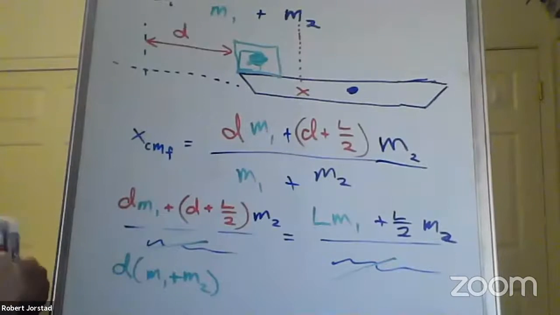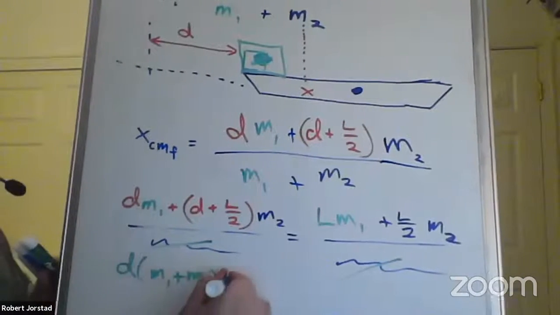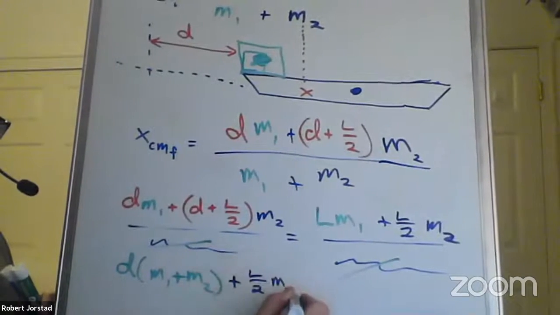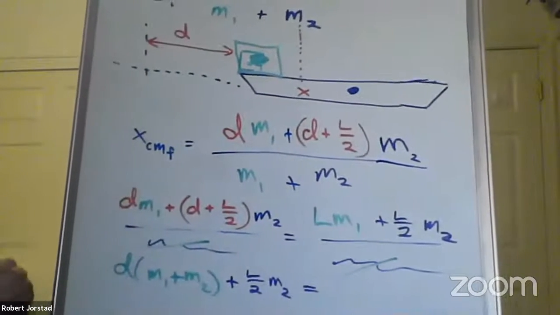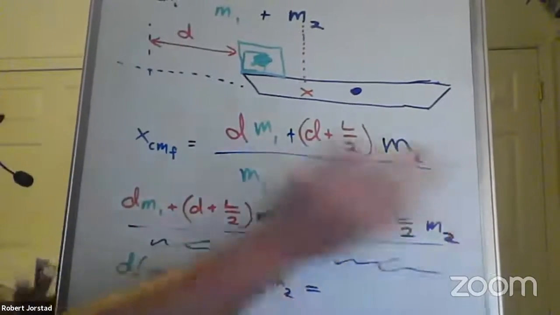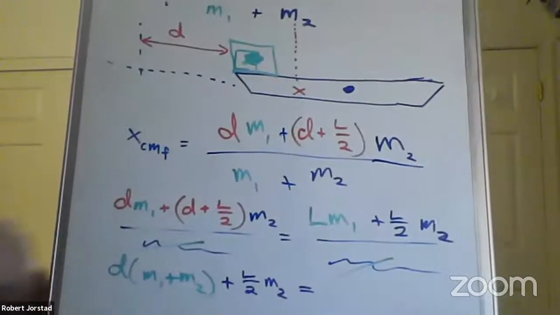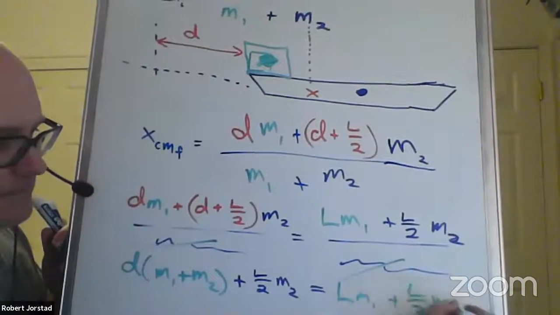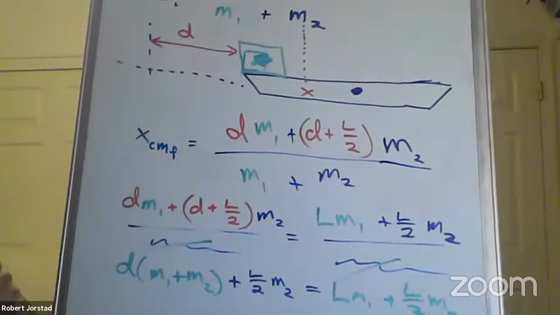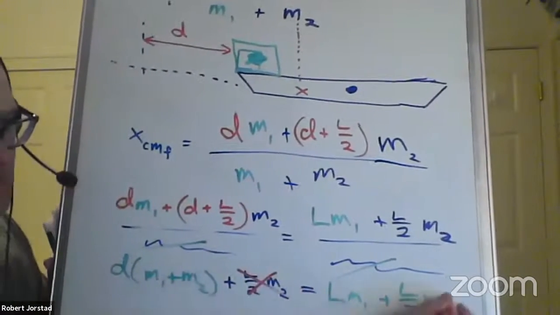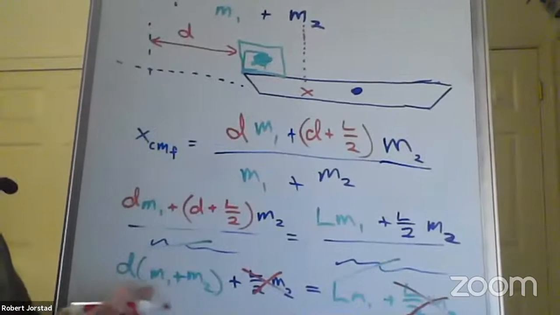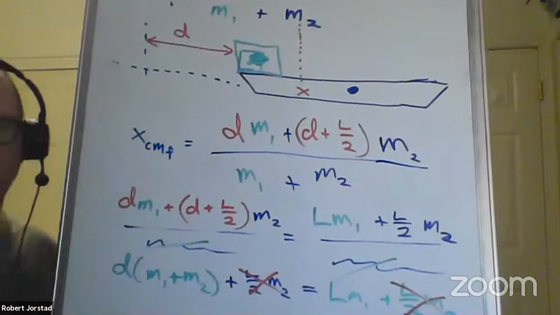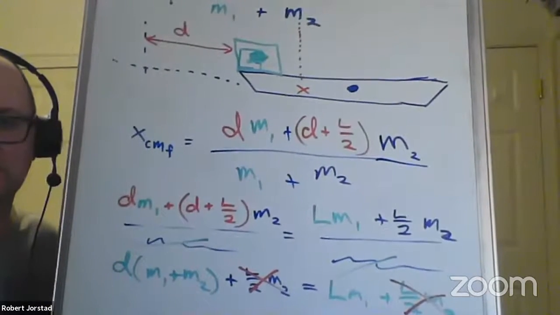And then there's another term lingering right here, plus L over 2 times M2, equal to all this junk. I see that the L over 2 M2 drops out. And so now notice that D is equal to L times this junk here. And hopefully that's what we saw in the answer.